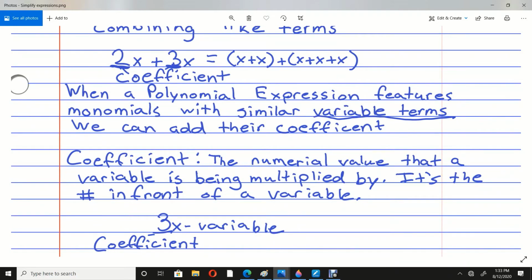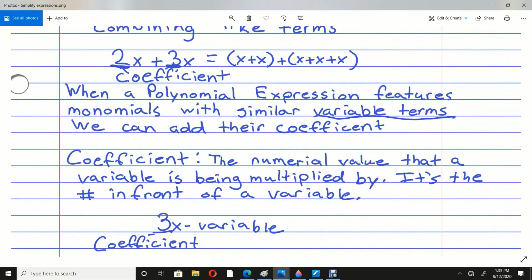Great. Okay, so combining like terms. So I mentioned that term is an interchangeable word with monomial, right? So what we're doing here is we're combining like monomials. We're combining like terms. Okay, so what does it mean for something to be a like term?